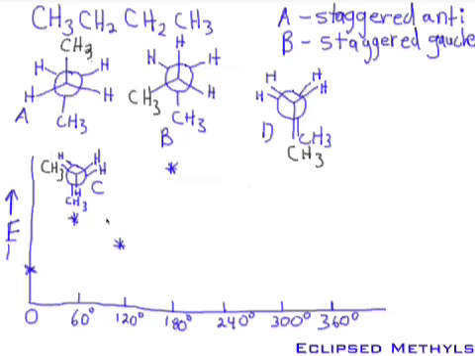Okay. Now if we rotate past D, we get a structure very similar to B again. In fact, to all intents and purposes, it is the same conformational structure. All right. I'll draw it.